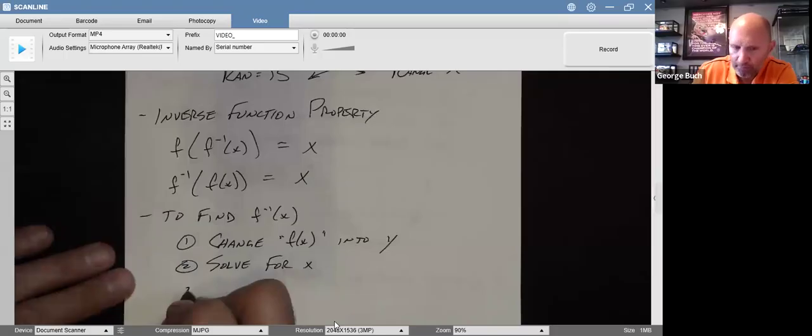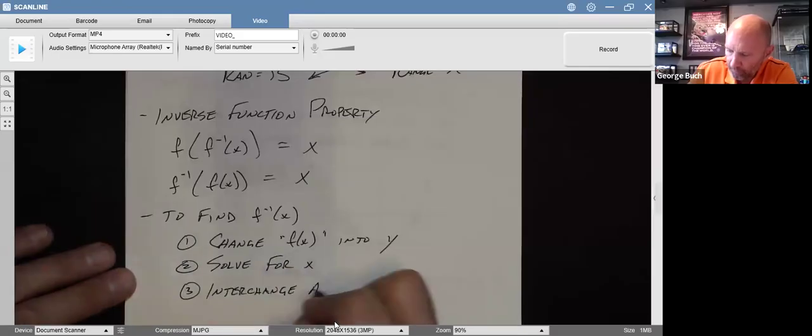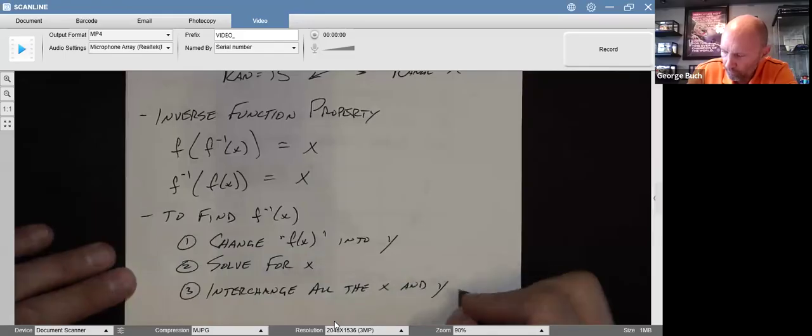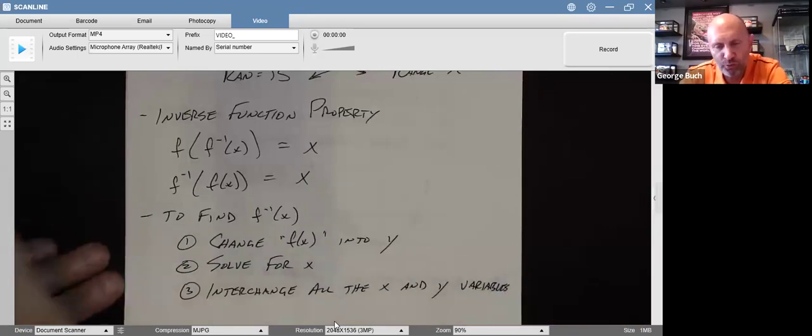And then lastly, interchange all the x and y variables. So if it's an x variable, change it to y. If it's a y variable, change it to an x.